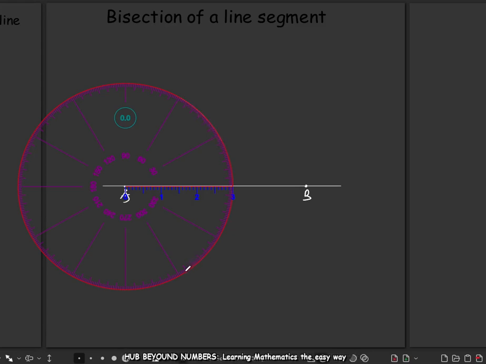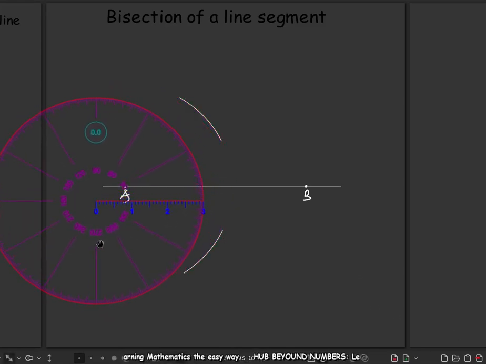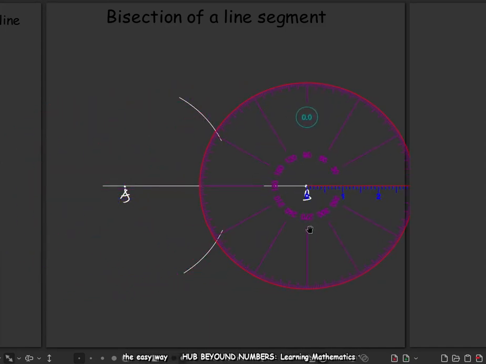And then you draw one also below it. Now, with the same radius you used to draw these arcs, you come to the other end of your line segment, and then you draw another arc. You make sure it intersects the previous one. So one below, and then one above. Very, very nicely.